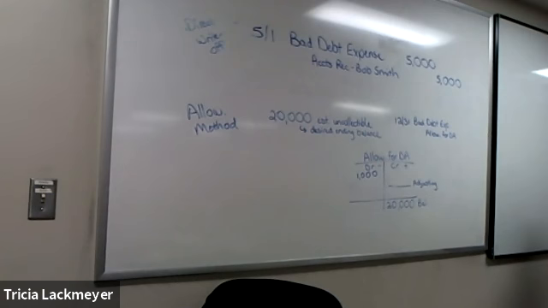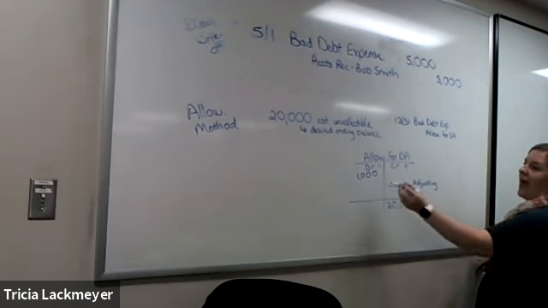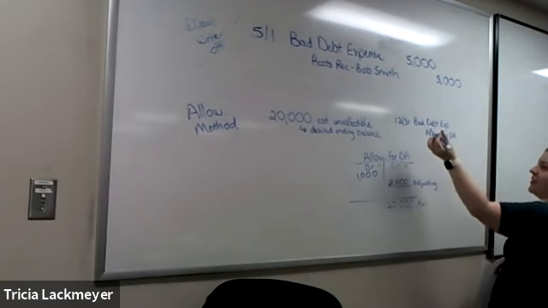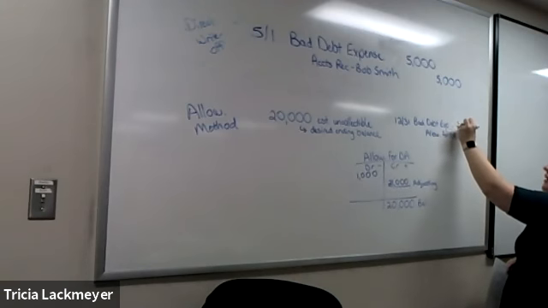So again, that means I underestimated and I wrote off more than I thought. What would my adjusting entry amount be then? 21,000. Good. We just add. So if we have an existing debit balance in allowance for doubtful accounts, we add. And then it's your same journal entry, it's just now 21,000.